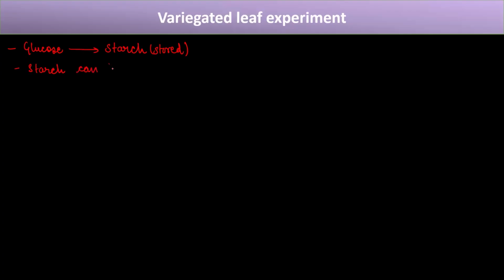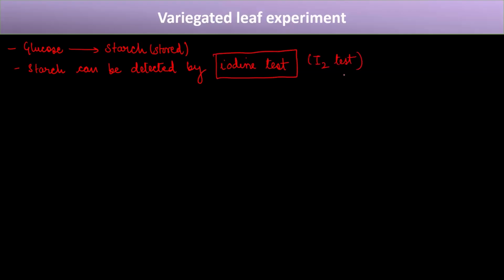So starch can be detected by a test, and the test is known as the iodine test, also known as the I2 test. Now, how is starch detected by the iodine test?